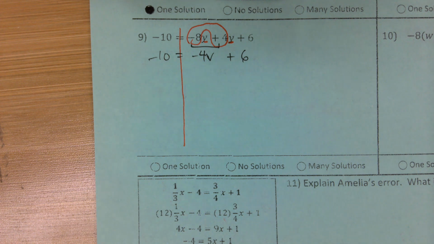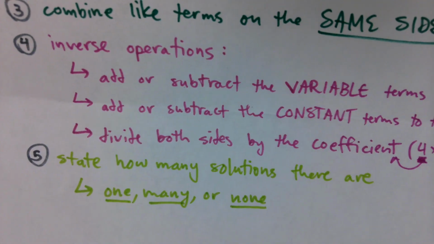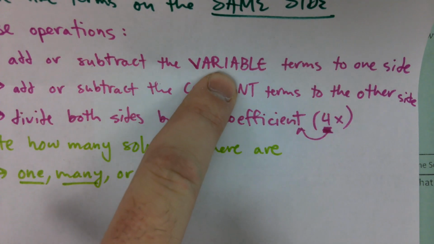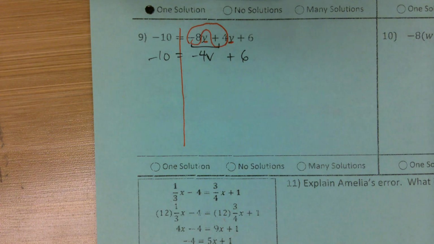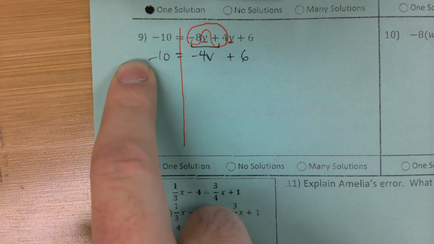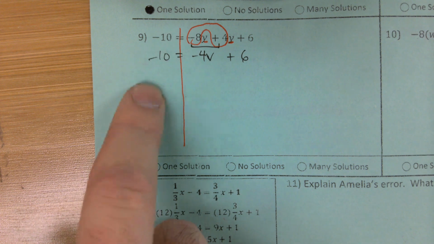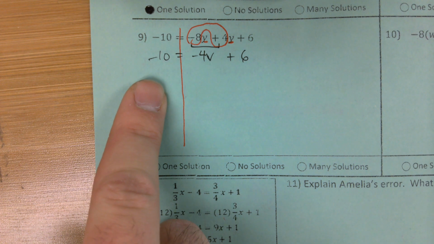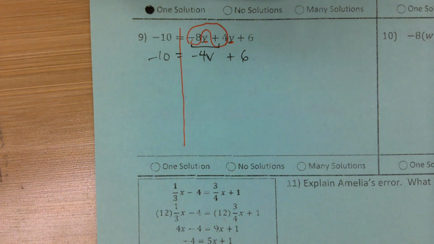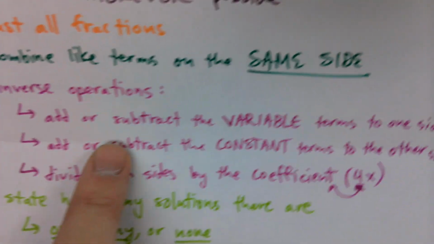But remember, the first thing that we're told to do with our inverse operations is to move the variable term to one side. So you may look at this and instinctually go, oh, I have to add 4v to the left. But is there anything to combine 4v with on the left? No. So technically speaking, we've already met this first step.